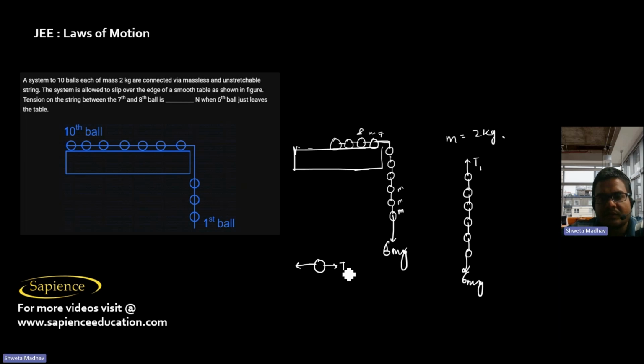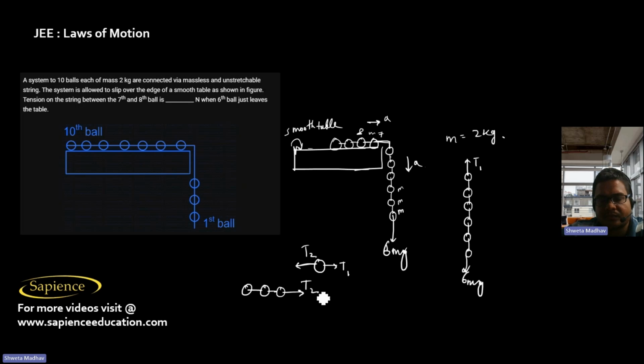This is the same string, so T1 force, and the system will move with the same acceleration a, since the string is unstretchable, and here the tension is T2, and there is no friction. It is a smooth table, it has been told. So now we have to draw the free body diagram of the remaining 3 balls.